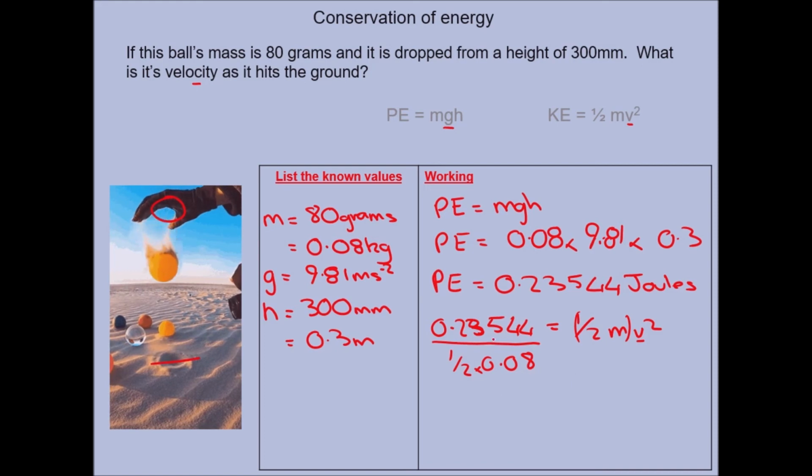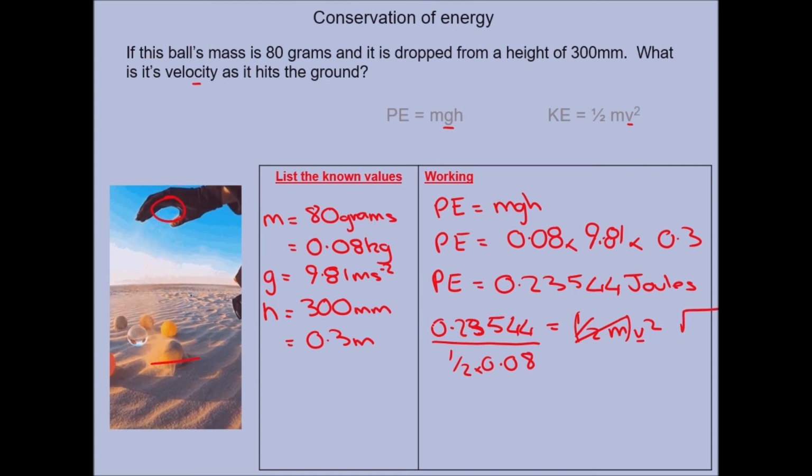Okay, so we'll have here, and that'll equal v squared because that cancels. And again, if you've missed any of the previous videos about rearranging, make sure you go back and watch those. That might make it a bit clearer what's going on when we're moving these formulas around. So we've got 0.23544 divided by 0.5 times 0.08 equals v squared.